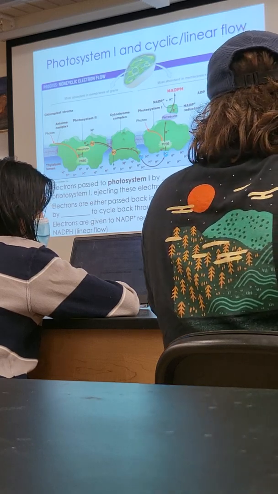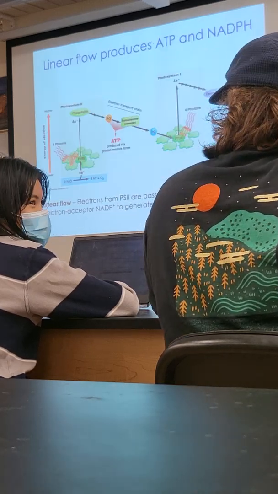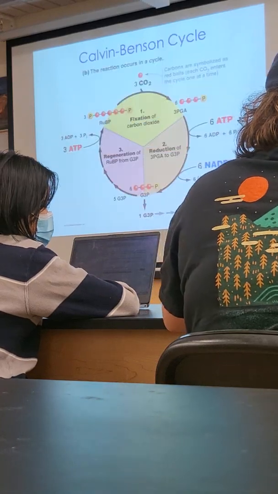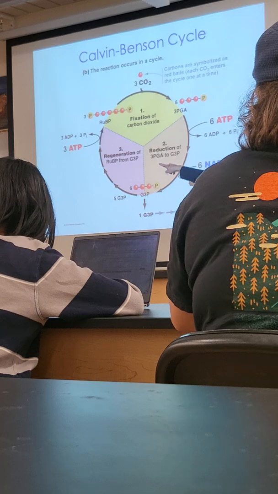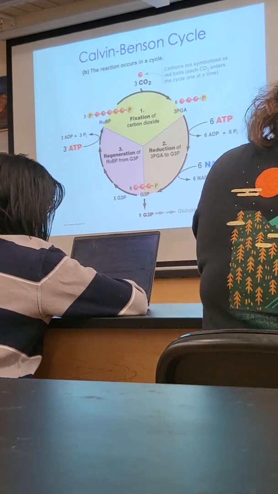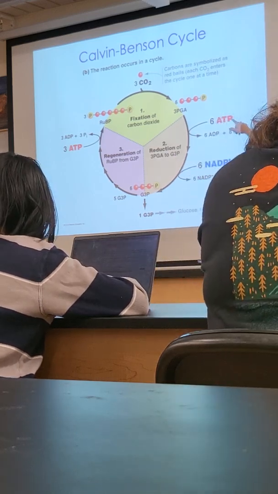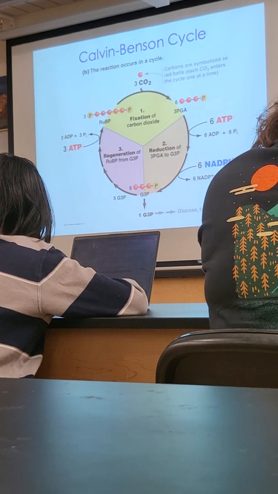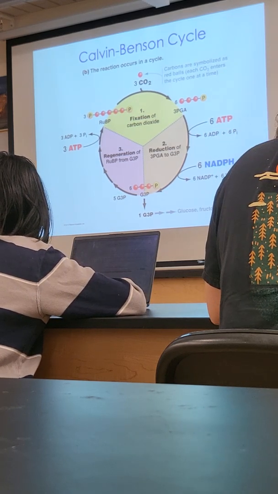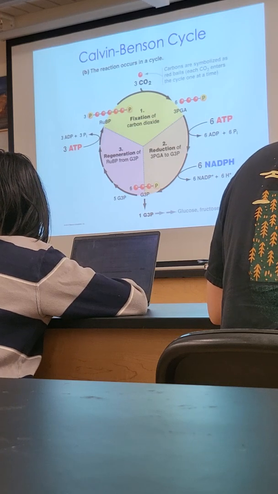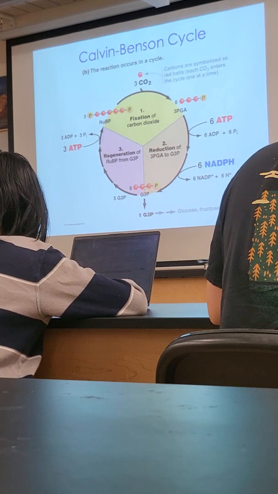And this will come into play with the Calvin cycle, because with the Calvin cycle, you need more ATP. There's 9 ATP and 6 NADPH for every 3 carbon dioxides. And because slightly more ATP is needed, it's got to sense that, and then it has to switch between the two. That's a great question.